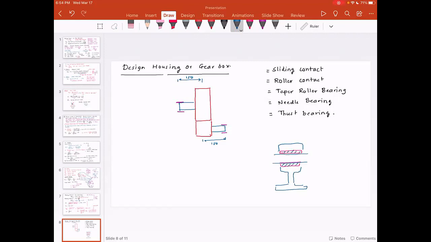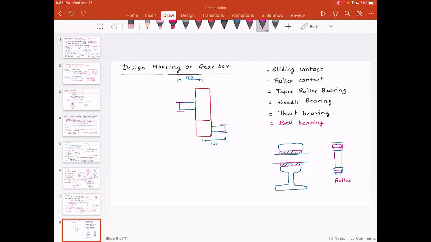If you look at the roller contact bearing, you have an outer race, an inner race, and in between the outer and inner race, you have rollers. You can also use ball bearings. So this is roller.